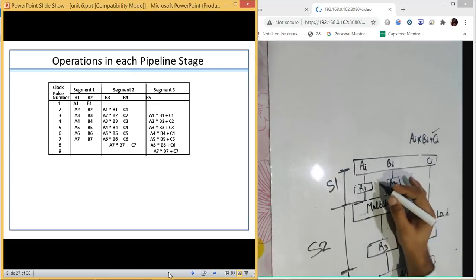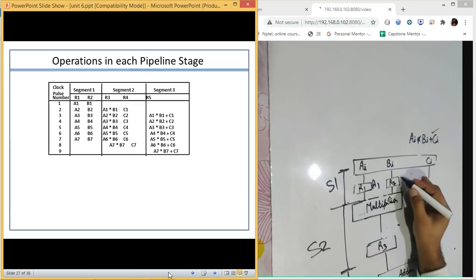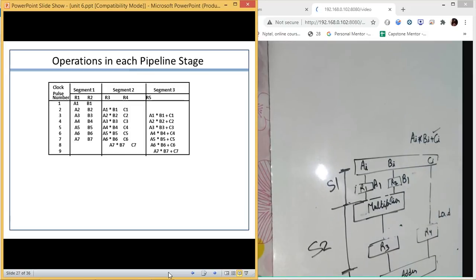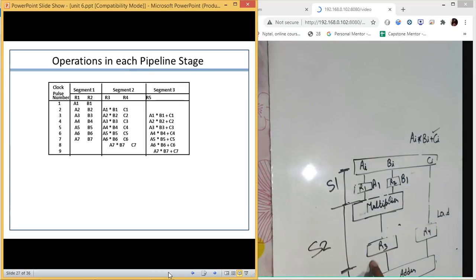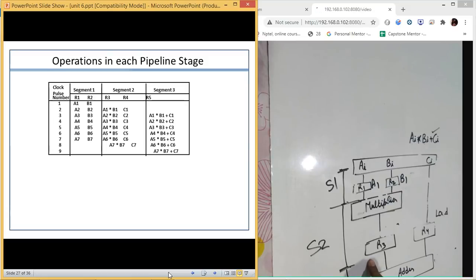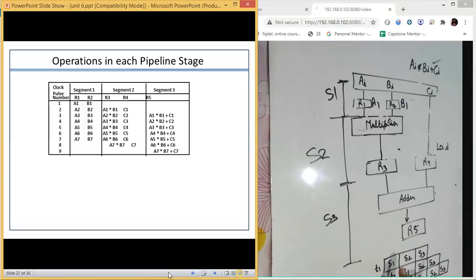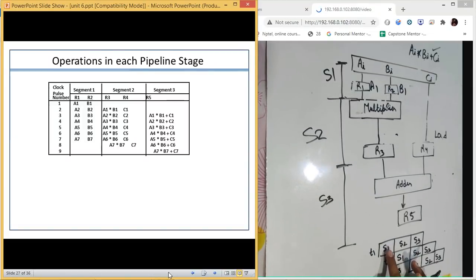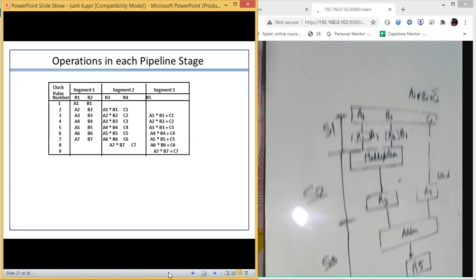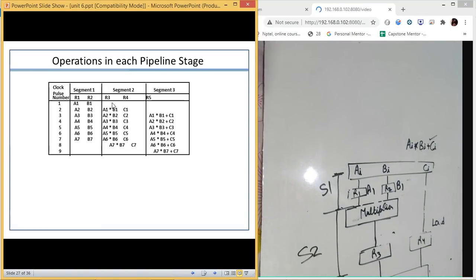The first value will be A1 and B1. In segment 2, at this place, we will not have any value. Why? Because it is time T1 and only the first value is going to have a value, nothing else is going to have any value.